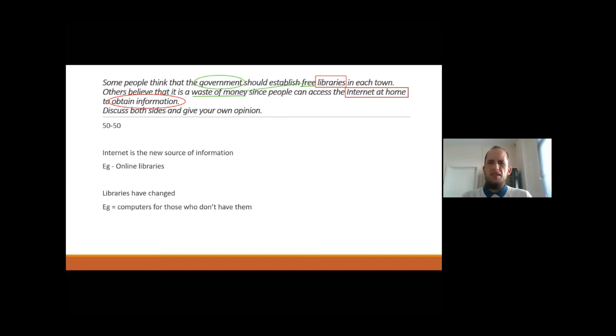So I still think that we need libraries, because a lot of people, mainly older people and people from disadvantaged backgrounds, might not have computers. And in order for them to do research, they can go to the library, where they would have the internet. That's just one example.